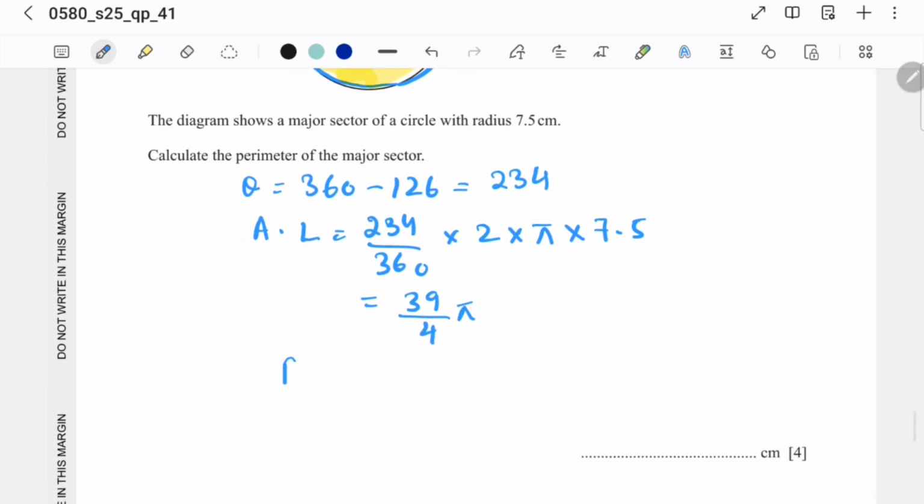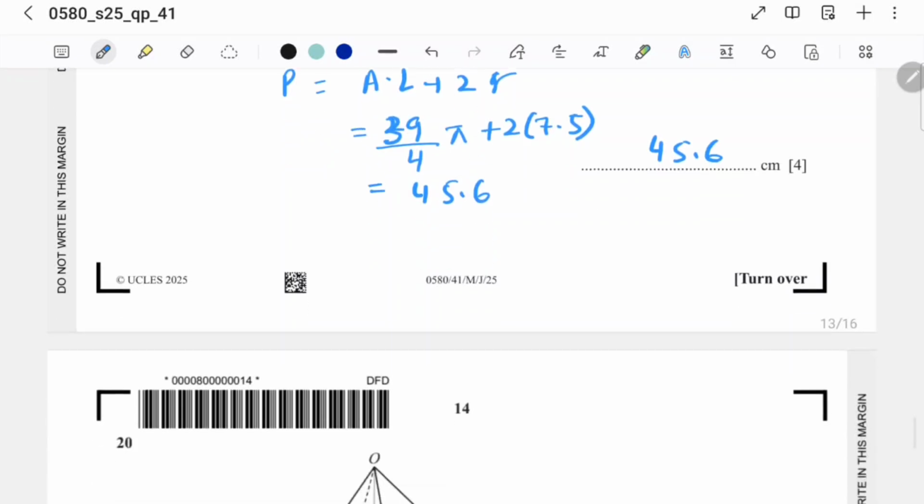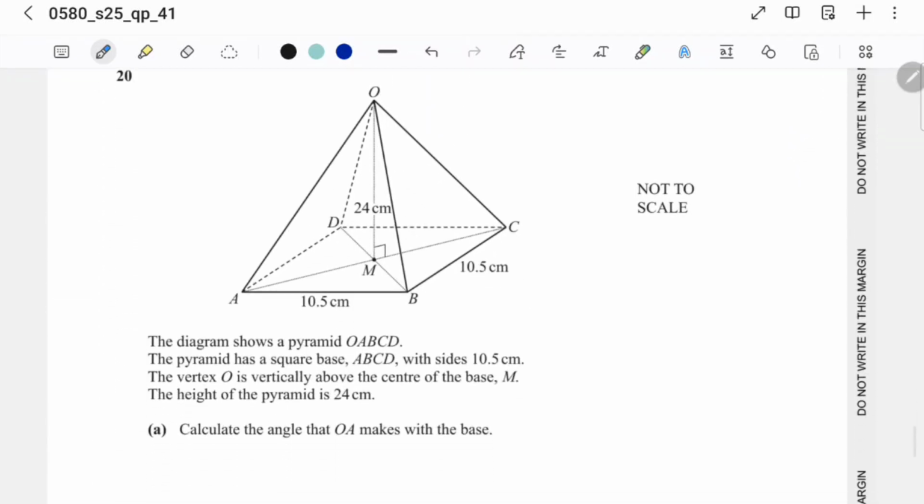Then the perimeter is equal to the arc length and the 2 radii. So 39 upon 4 pi plus 2 times 7.5. Use your calculator and find your answer. It's coming 45.6 centimeters.